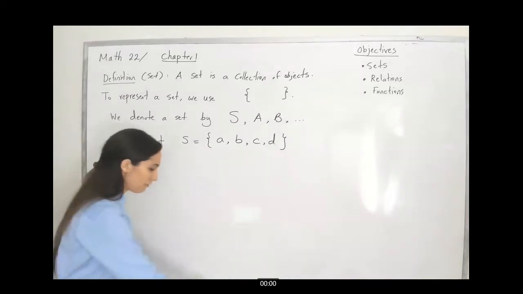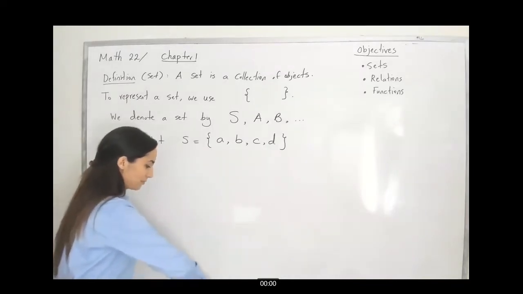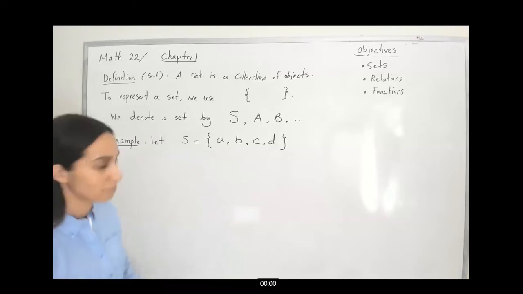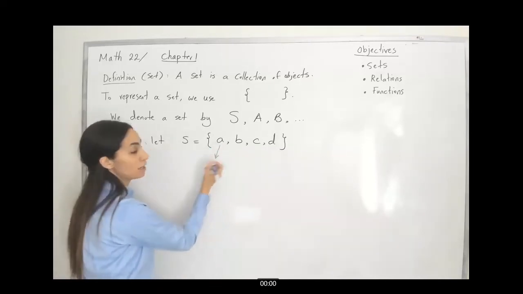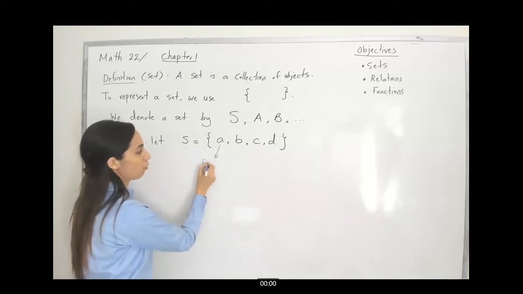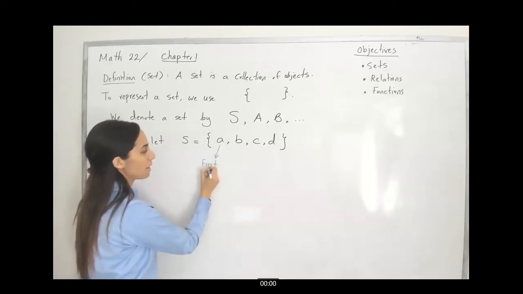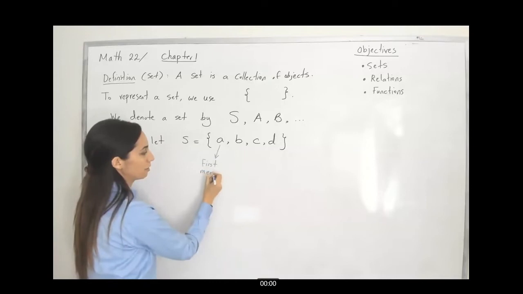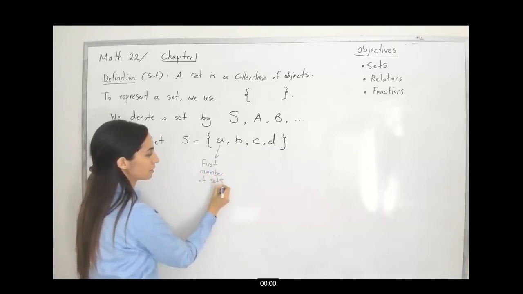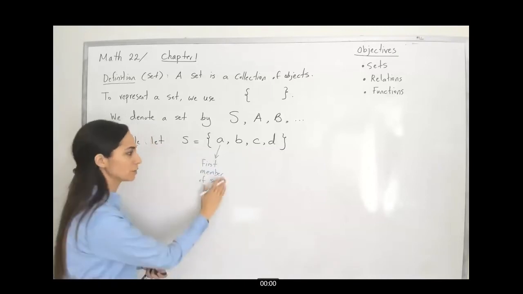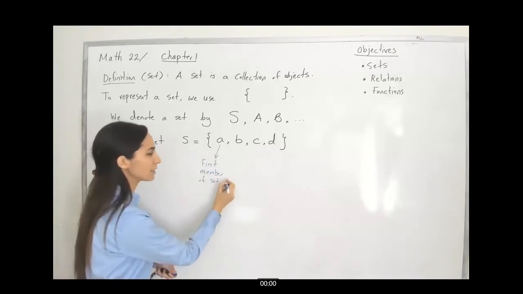So the first element in this set is A. We say that A is the first element or first member of set S. Very well. So this is the first member of set S.